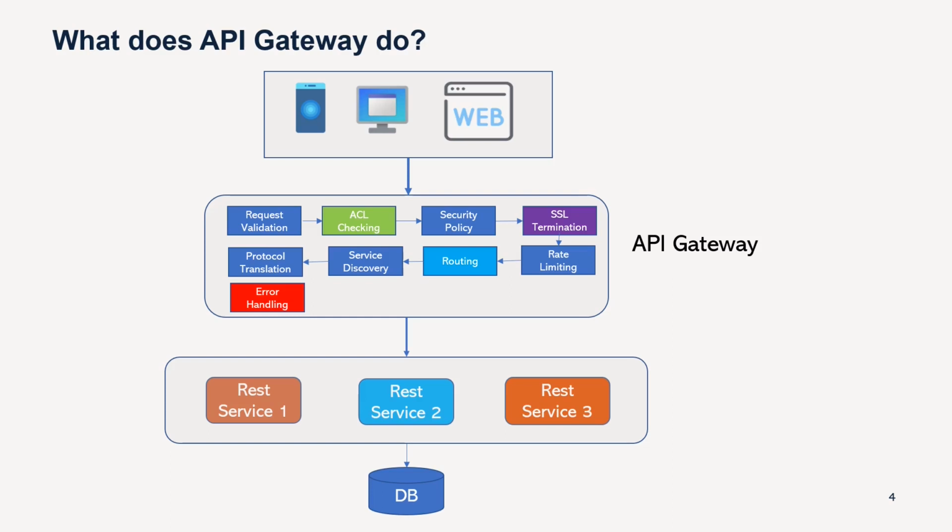And apart from these, we have other handling capabilities. These are ongoing for every request. Monitoring is also ongoing, as are logging and analytics. So these are some capabilities which API gateway provides.